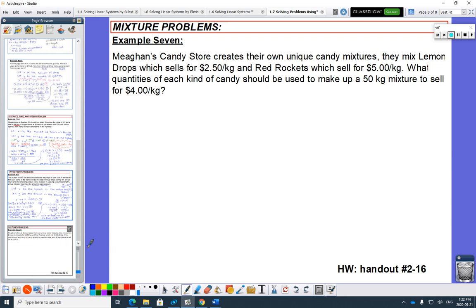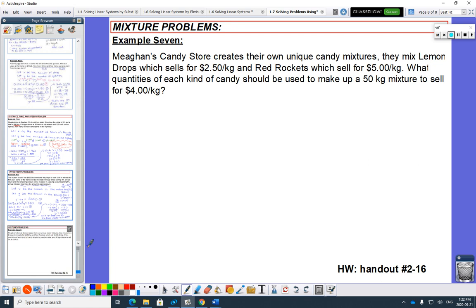So again, let's go to the last sentence. It says, or question, what quantities of each? So sometimes we've been counting, but if you think about candies, if you've ever been to Bulk Barn, how do you measure the candies? Usually count out each one? No, you measure their mass, right? Kilogram is a measurement of mass.